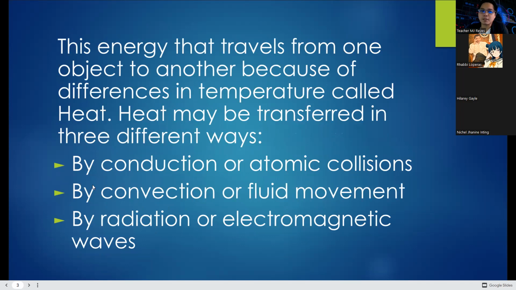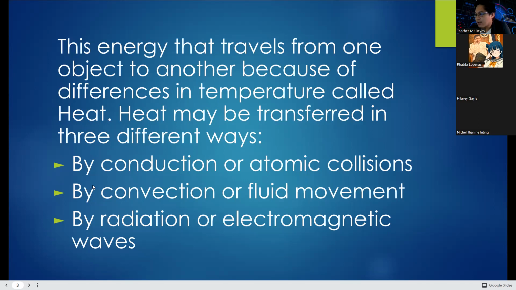Heat may be transferred in three different ways. There are three different ways of heat transfer. Number one, this is by conduction or atomic collisions. That's the first. Like for example, this is in solids.